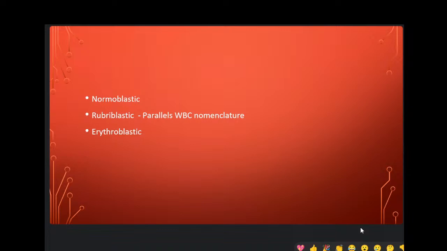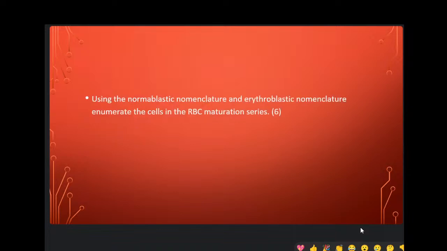Using the normoblastic and the erythroblastic nomenclature system, enumerate the cells in the RBC maturation series. So there are 6, obviously, because we're going to start with the non-progenitor cell side na tayo. So when I say the non-progenitor side, it will start with the erythroblast and the normoblast.